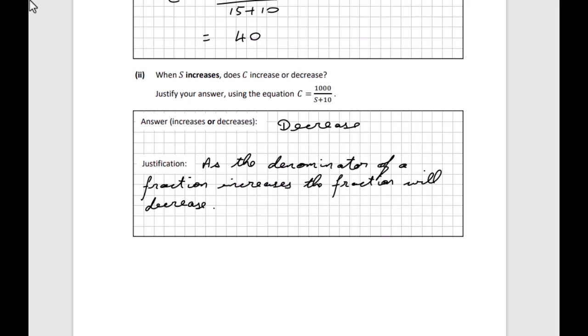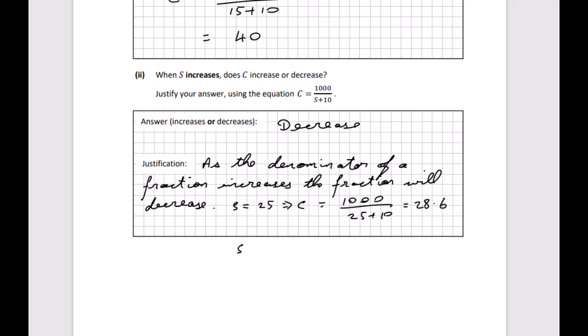Now it says use the equation C is equal to 1000 over S plus 10 to justify your answer. We've already done S equal to 15, so let's take S is equal to, let's say 25. That gives C is equal to 1000 over 25 plus 10, which would just give us 28.6.